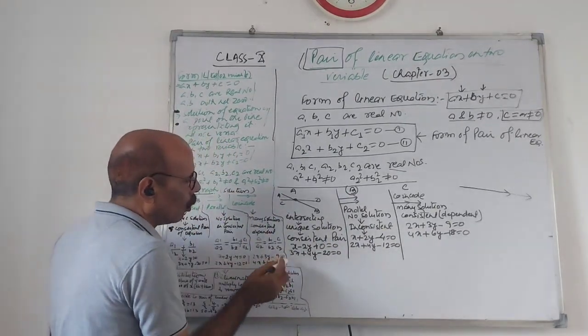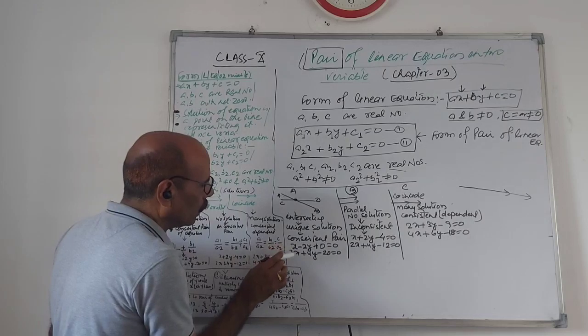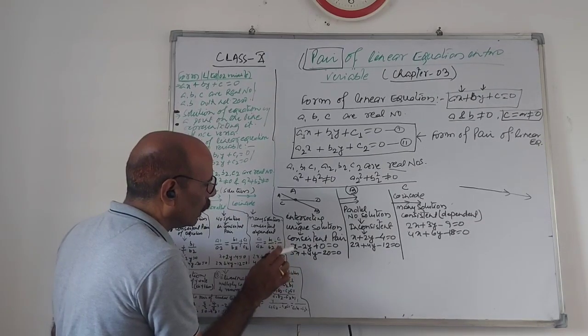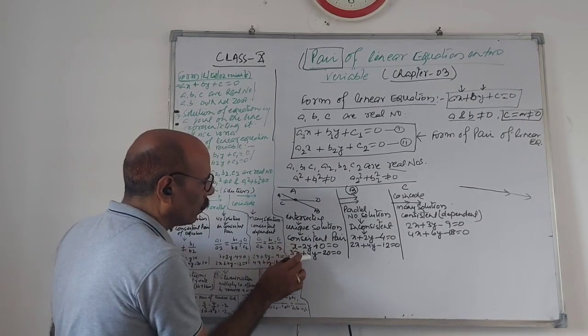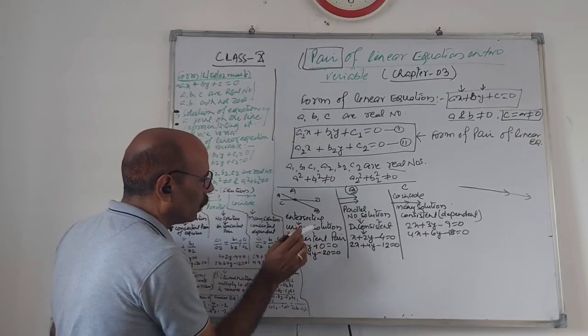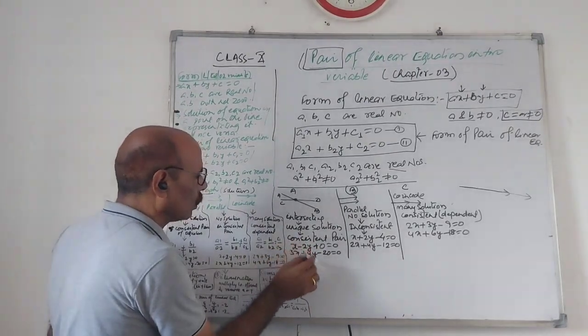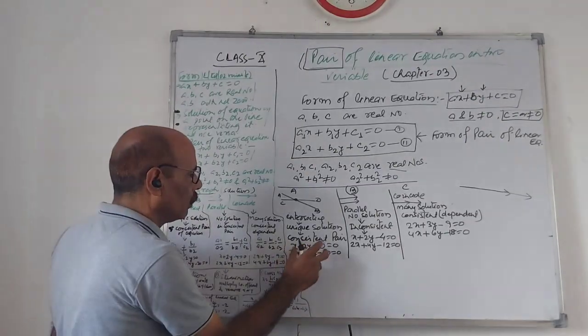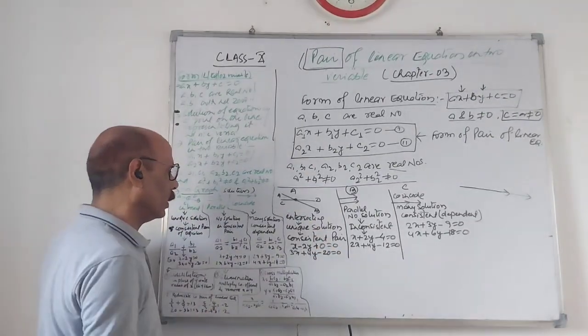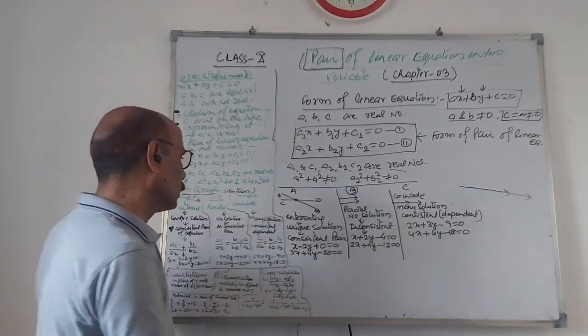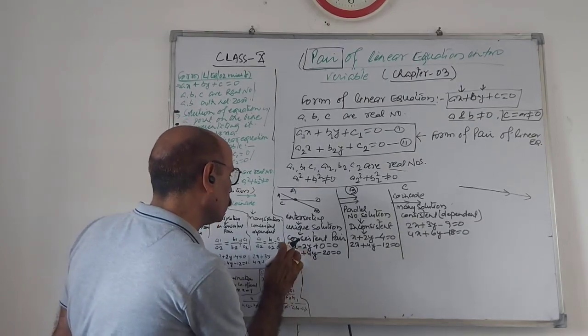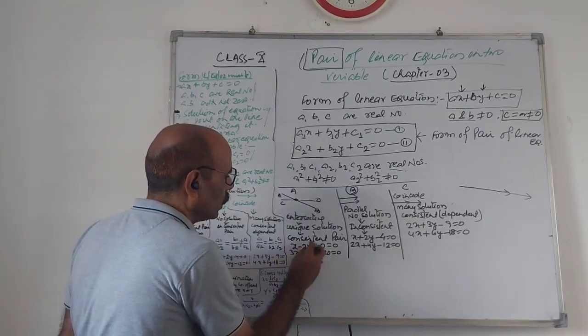Here the coefficients are 1 and 3, 2 and 4, 0 and 20. There is no combination, no similarity. So that can be written like this. Suppose this is A1, this equation is 1.